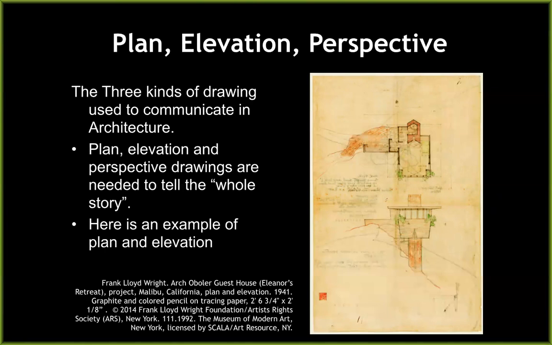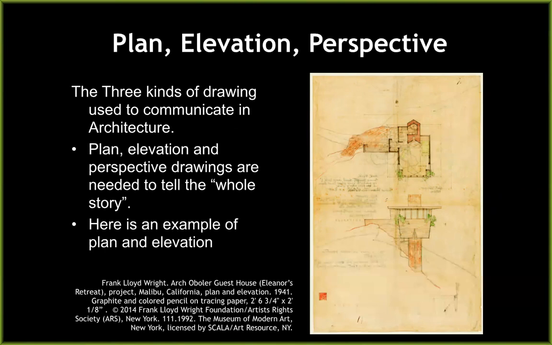So in this example, there's the plan, which sort of takes the idea that the architect is drawing out and creates a flat cutaway. So as you can see the sizes of the rooms and the placements of the doors and windows and things like that.